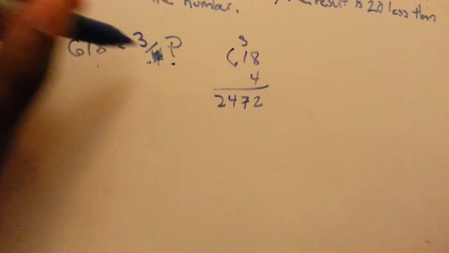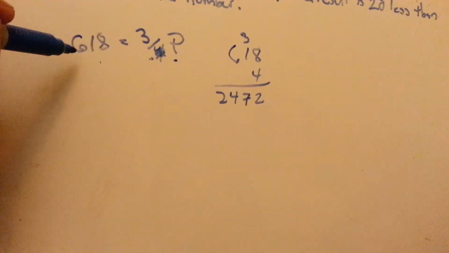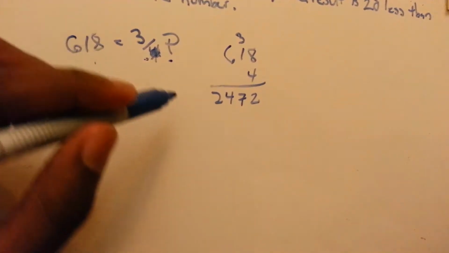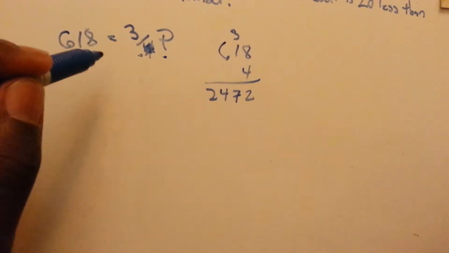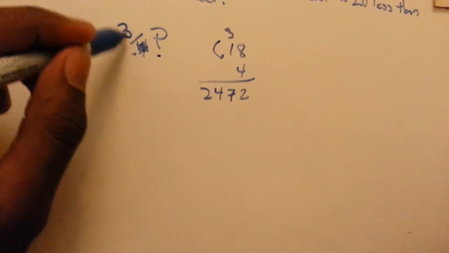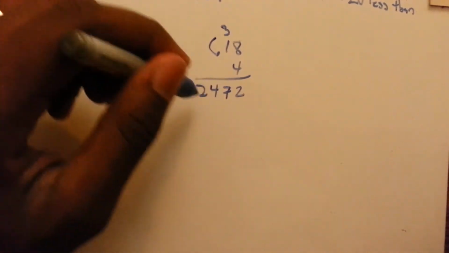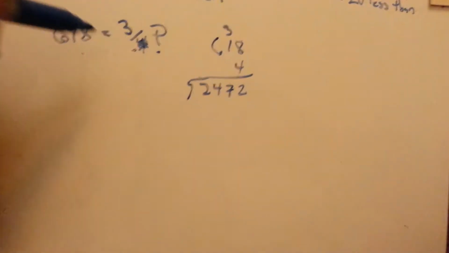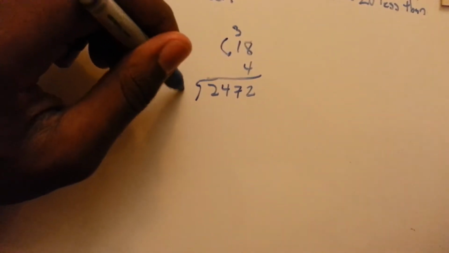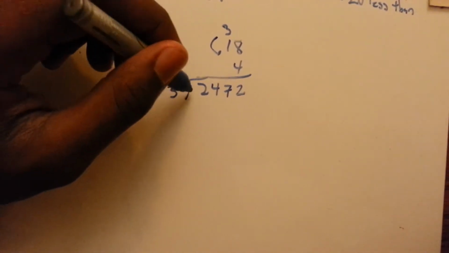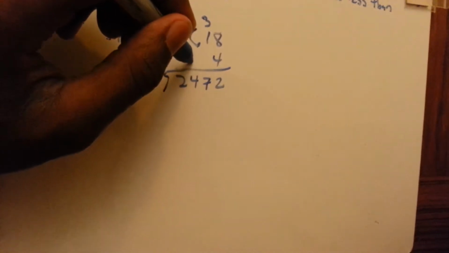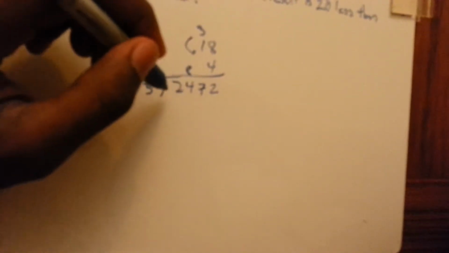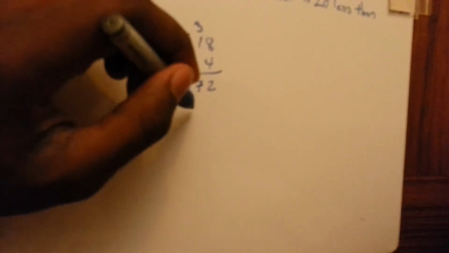See, now we just multiplied by 4, so we got rid of that. So now it would be 2,472 equals 3P. So we would divide by 3. We'll just do it here to save space. 3 goes into 2 0 times. 3 goes into 24 8 times. 8 times 3 is 24.